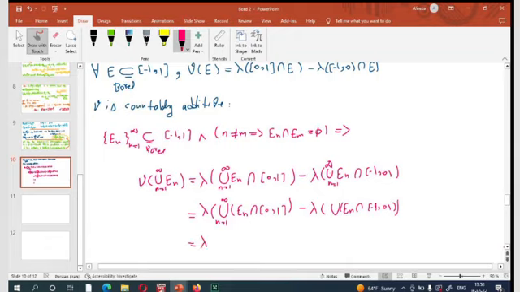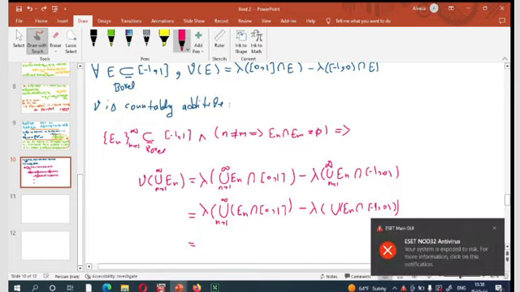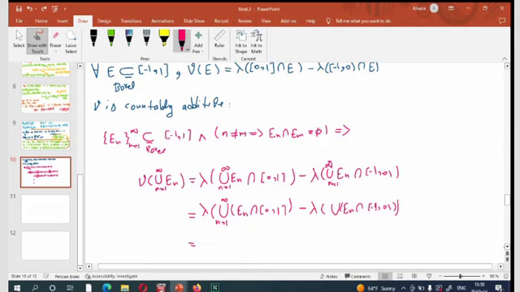The summation of this intersection and this equal to this summation, lambda of this intersection, minus 1 0, and from 1 up to the infinity, and this equal to this.